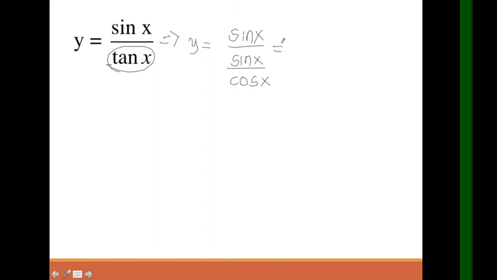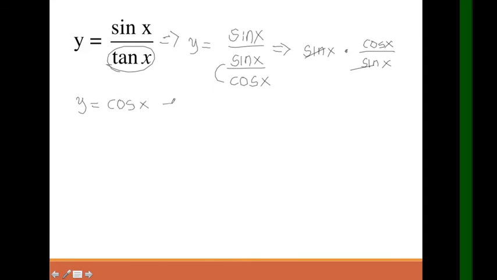And then, pag division of fraction, if you still remember, we will get the reciprocal of the second variable para ma-multiply natin sila. So, magiging sine x times, yung first is cosine x, and then sine x, kasi reciprocal, di ba? Babaliktad natin, i-interchange natin yung position ng dalawa. In this portion, we can now cancel sine x. So, yung matitira na lang for the y is cosine x.